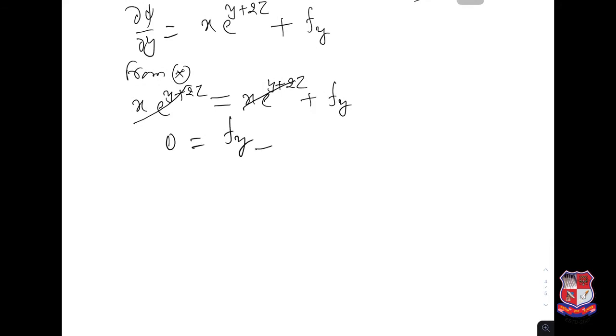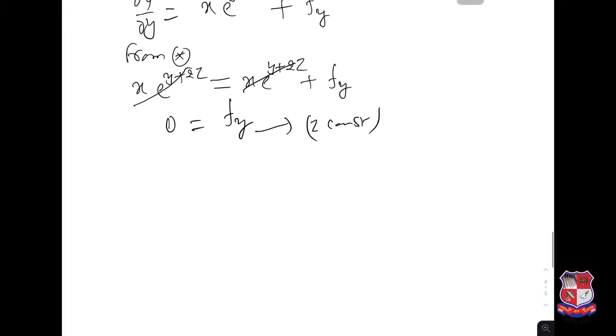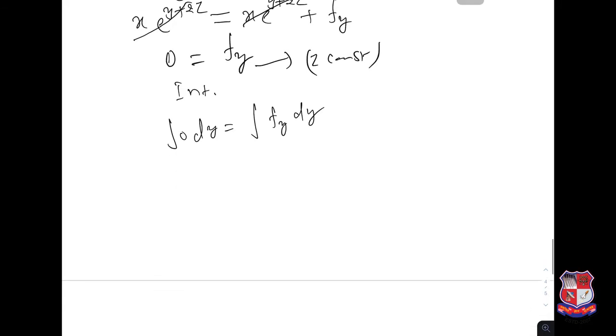Here we know that z is constant. Variable z is there. F is a function of y and z. So now if we integrate, then this will be integration of 0 but with respect to y. Integration of fy with respect to y.